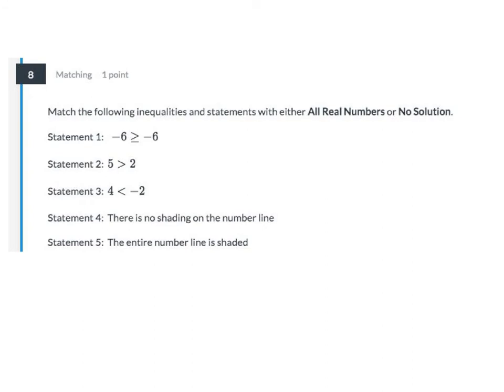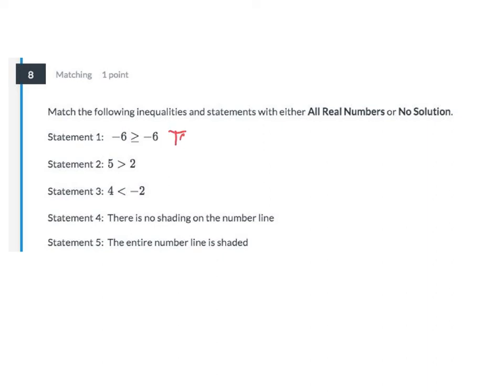All right, number 8. We're going to read these statements, see if they're true or false, and then see if the answer should be all real numbers or no solution. So -6 is greater than or equal to -6.